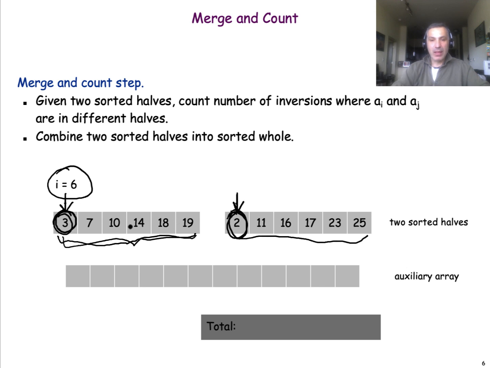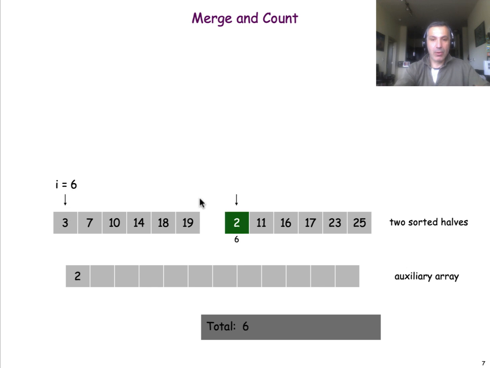So in fact, the number of inversions that we have here is not just 1, it is 6, because all of these elements are larger than 2. So we move the smallest element to the output array. We can now forget this element, and we write somewhere in a variable that we already found 6 inversions.